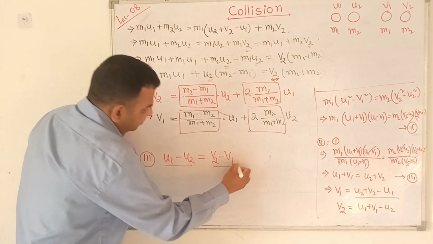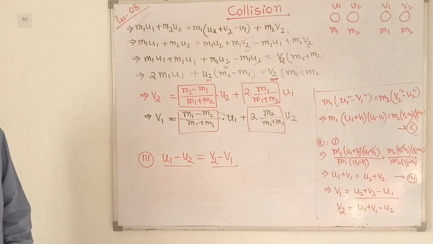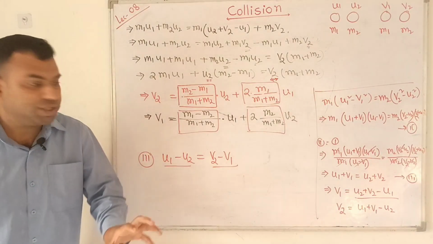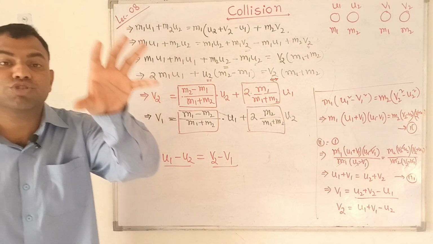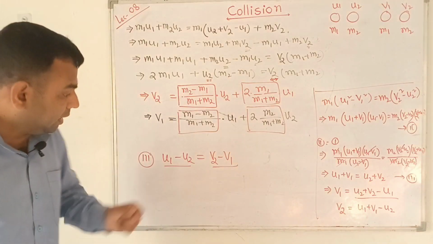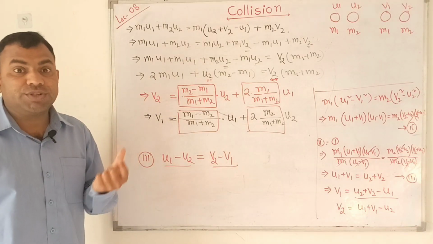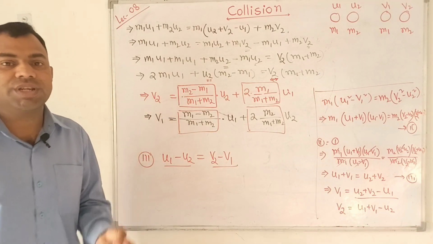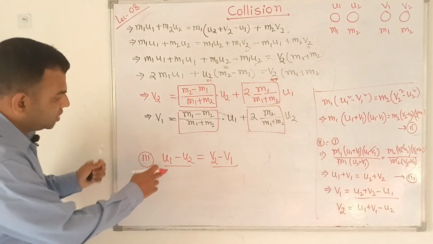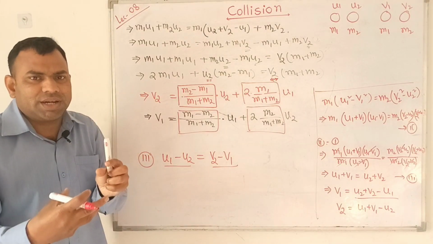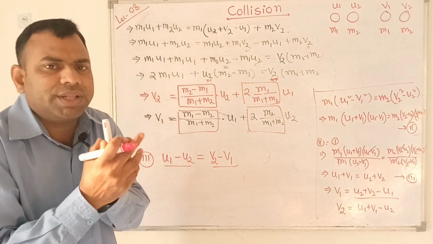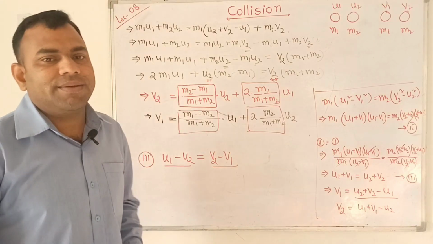What does it mean? This is the relative velocity before collision and the relative velocity after collision, post collision. Before collision, the relative velocity is called velocity of approach. Here U1 is greater than U2. They are coming together, and until they come together, collision will not occur.